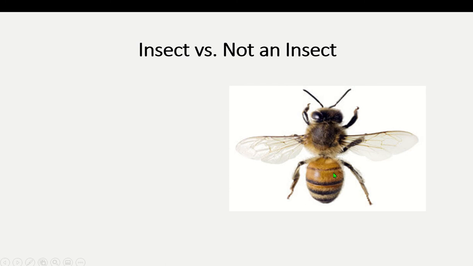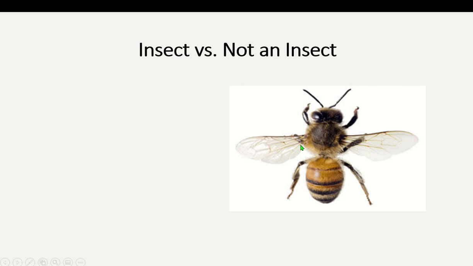I want you to think for a minute, using that checklist that I just talked about, and determine if you think this is an insect or not an insect. So this is a honeybee, Apis mellifera, and I'm going to go through the checklist. I see 3 pairs of legs, so 6 legs total.